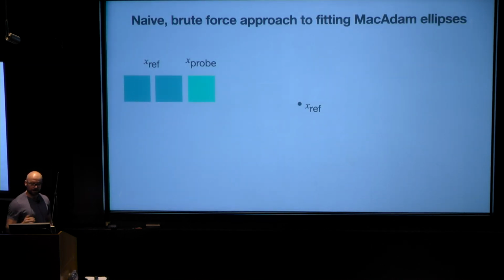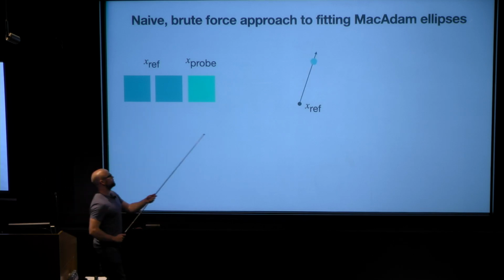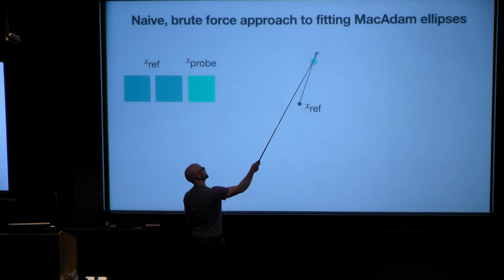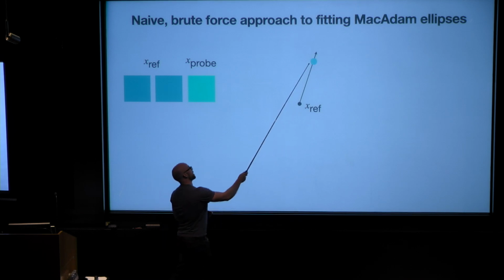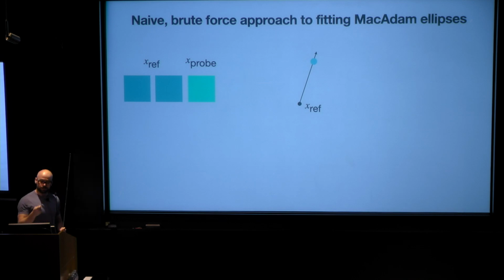So the classic way of doing this is you start with some reference color, and then you march along some dimension in color space, and then find the point where you start to be able to detect the color change with 75% accuracy or something like this.